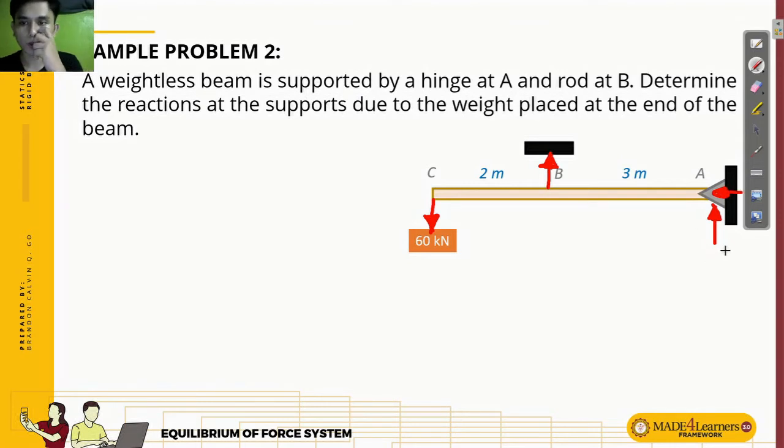Okay. So, we call this AX, this one is vertical, AY. This one, we call BY.